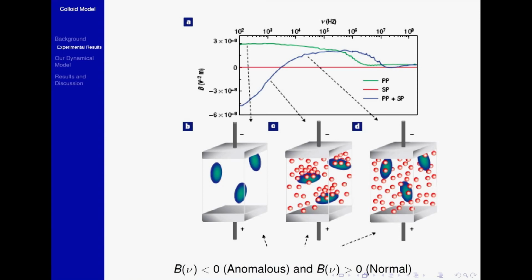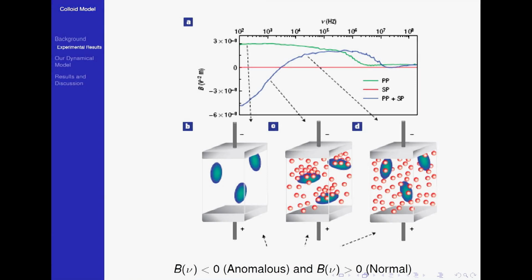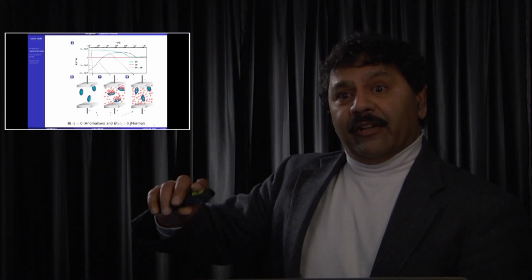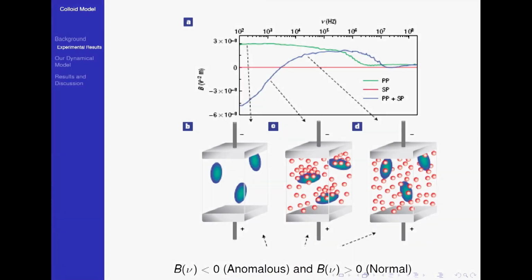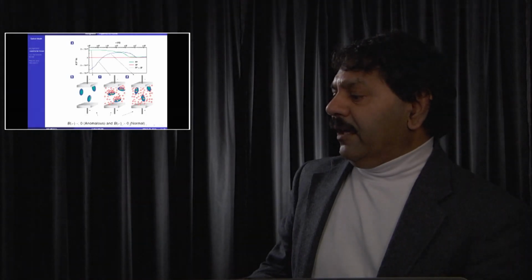Notice that what we're changing up here is the frequency of the AC field. As the frequency of the AC field goes up, which means it changes direction faster, you see that the rods go from a situation where they have a positive value, and a positive value basically means that they align the way they're supposed to be.